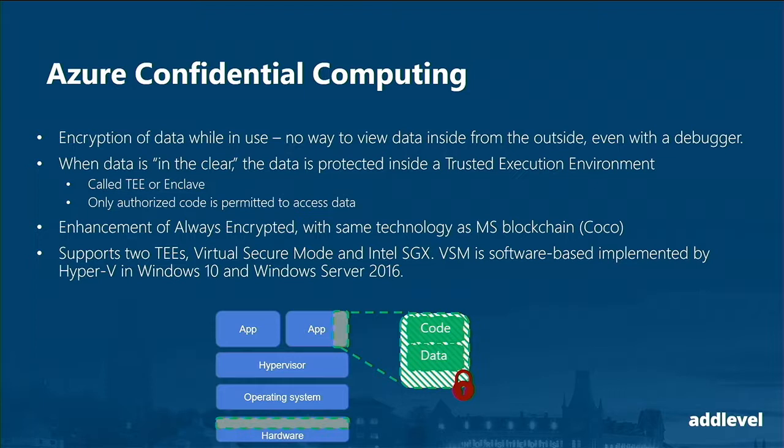Data is encrypted in use, and it's using a trusted execution environment, or enclave. It's the same technology that is used in Microsoft blockchain, and this is something you can try out today. I think what's covered today is virtual secure mode, so it's sort of the same technology.